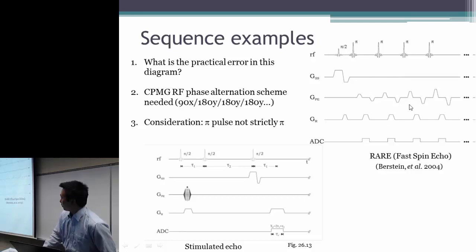There is another practical error in this diagram. If anyone can see that. Any thoughts?